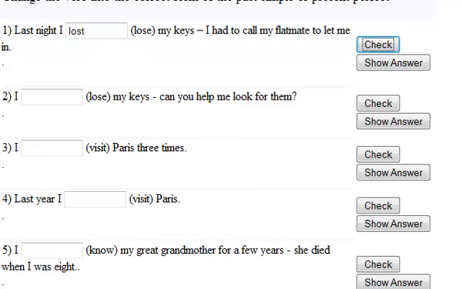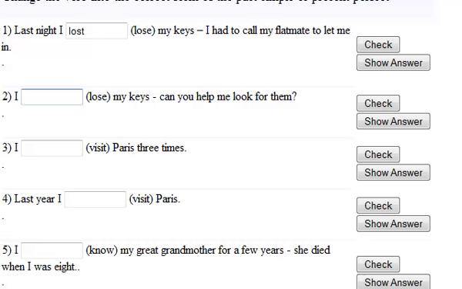So this is the last time I lost my keys. But a very good clue for these sentences is a continuing or some other element which gives us a better choice.